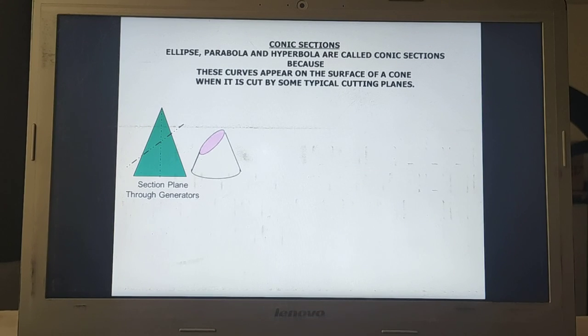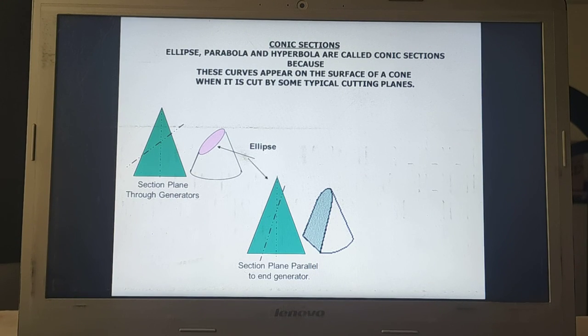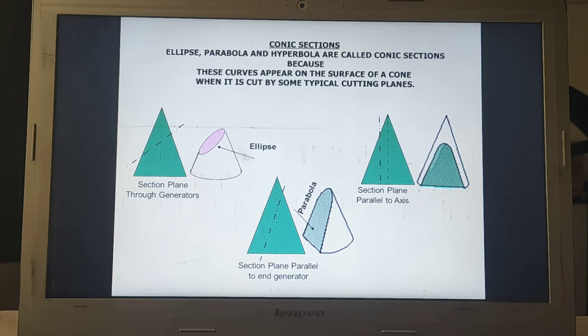Now this is what the conic section is all about. We have discussed this. Now see, this is the cone, isn't it?